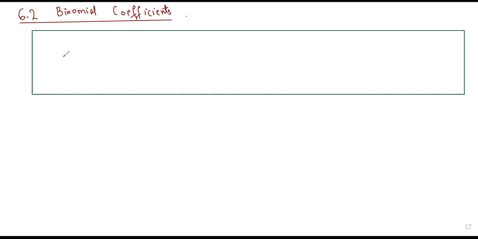It is again a plus b to the power n, just like the previous example. And this time around, we have nC0 a to the power n, b to the power 0, plus, this thing is still the same, nC1 a to the power n minus 1, b to the power 1.